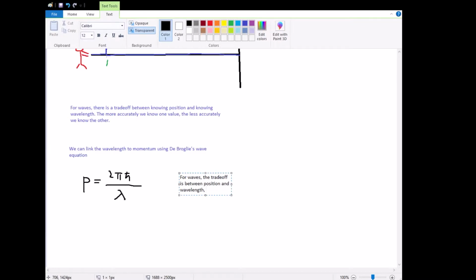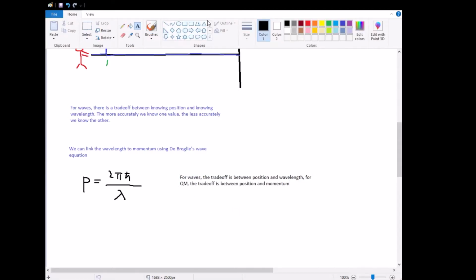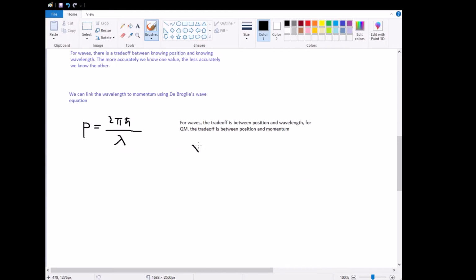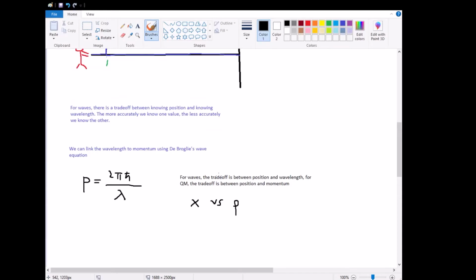So instead, in quantum mechanics, when we're dealing with a particle, what we say is that for QM, the trade-off is between position and momentum. So apparently for a particle, which I have defined a wave function for, the trade-off in knowledge is between the position of the particle and the momentum of the particle.